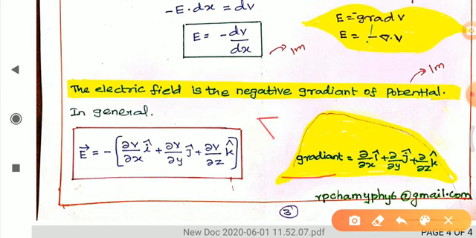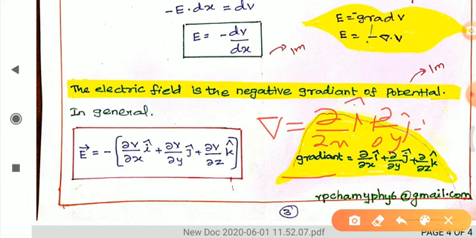What is meant by del? Del is equal to dou by dou x into i cap plus dou by dou y into j cap plus dou by dou z into k cap. That is known as del. Otherwise we can write gradient is equal to dou by dou x into i cap plus dou by dou y into j cap plus dou by dou z into k cap.